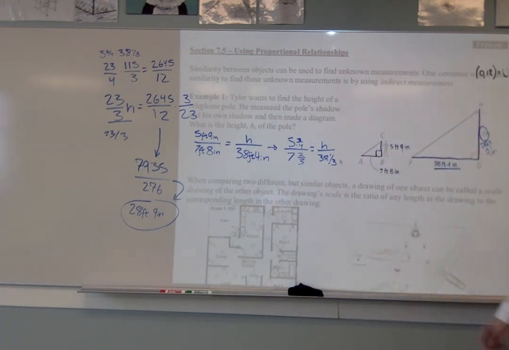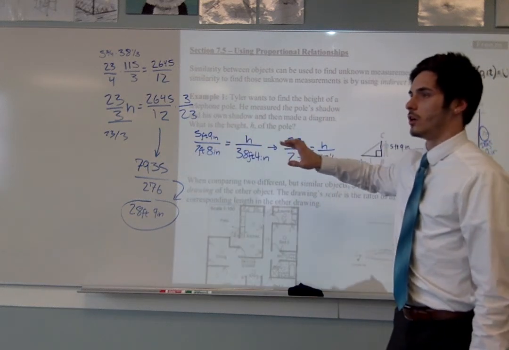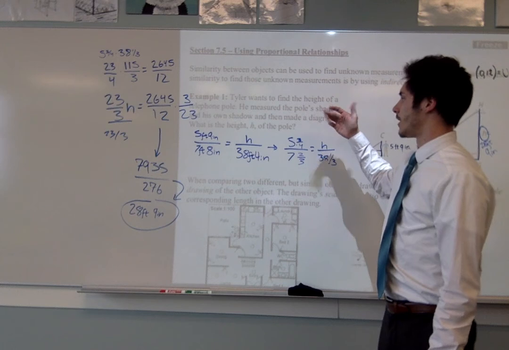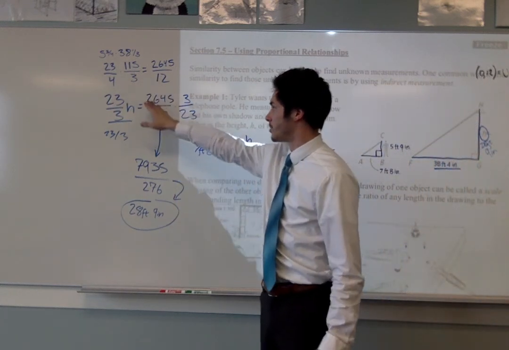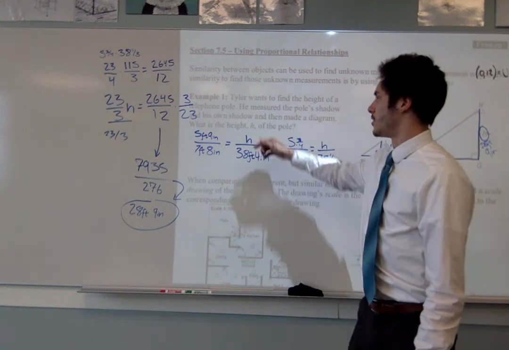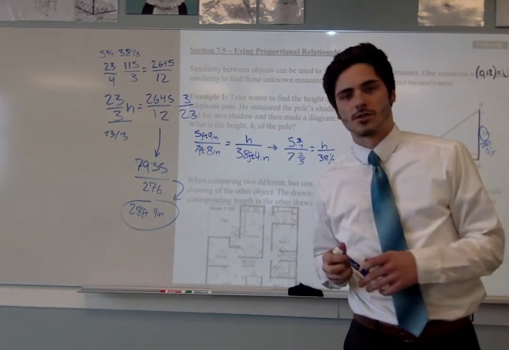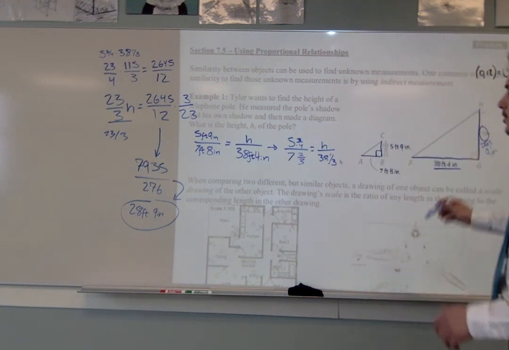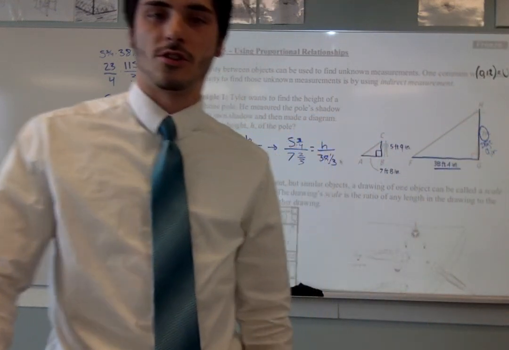And we figured that out by changing the feet and inches to a fraction, and then changing those to an improper fraction while we do cross multiplication. And cross multiplication allows us to figure out what these ratios are and what h would be as the missing variable. And that's proportional relationships example 1.